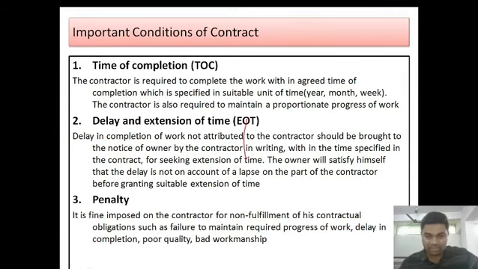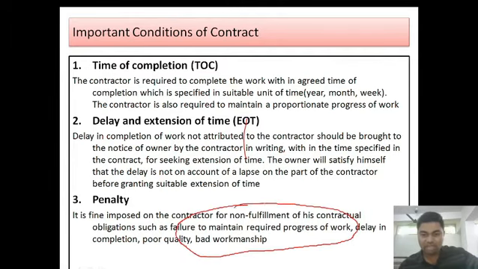If the owner is not satisfied in any of these areas, the owner can lay a penalty on the contractor. What do we mean by bad workmanship? The laborers working on the site, or the product, is not in the finished manner as desired. So for that we call it bad workmanship.